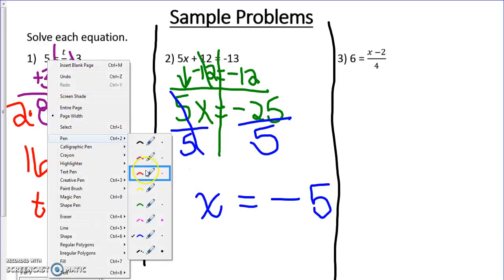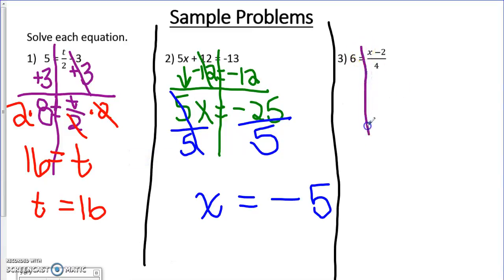And then finally, we're going to do this problem. Here we have 6 equals x minus 2 divided by 4. Remember, this was like the problem earlier. First thing we do is get rid of that denominator, get rid of the fraction. So we multiply both sides by the denominator. 4 times 6 is 24 equals, and all we're left with is the numerator, x minus 2.